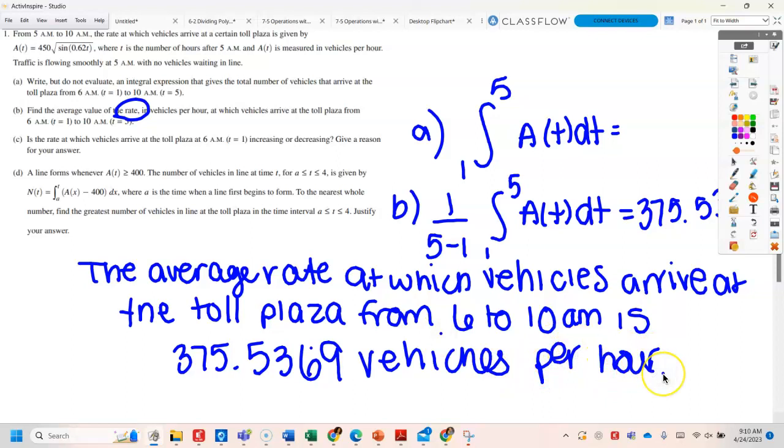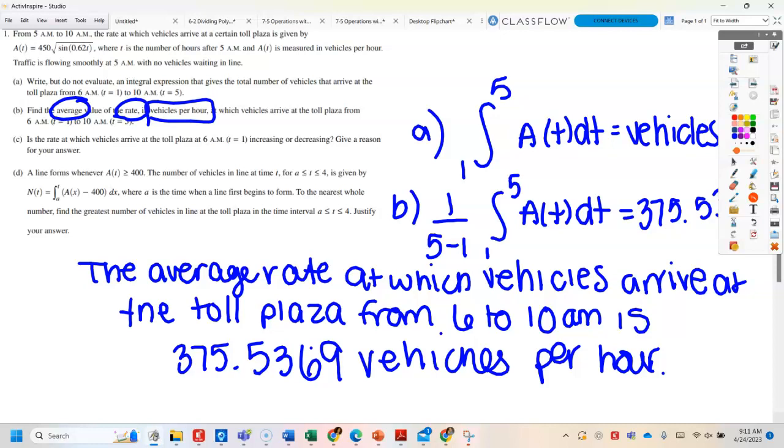So the other thing is it asks you to find vehicles per hour. So if we integrate, we got vehicles. We knew that from part A. So if integrating got me vehicles and I need vehicles per hour and I need average, then that was another way you knew it was the integral.